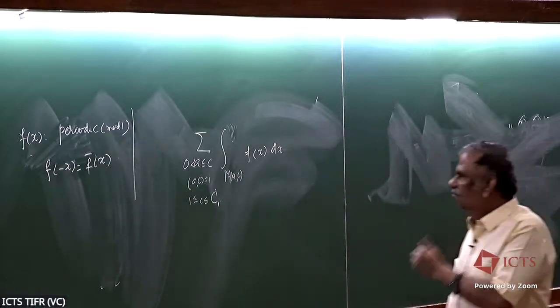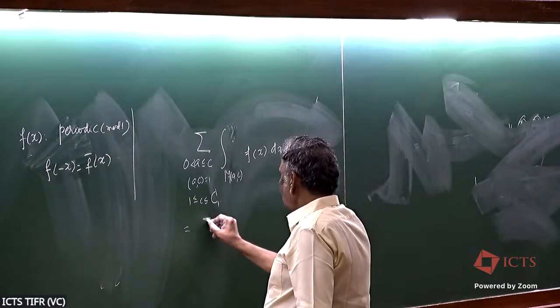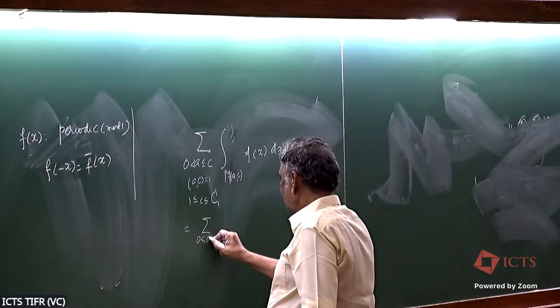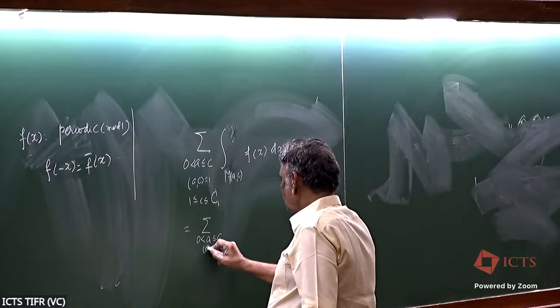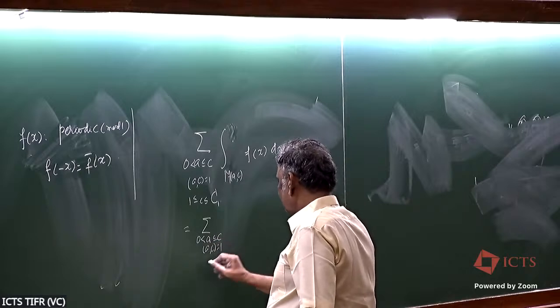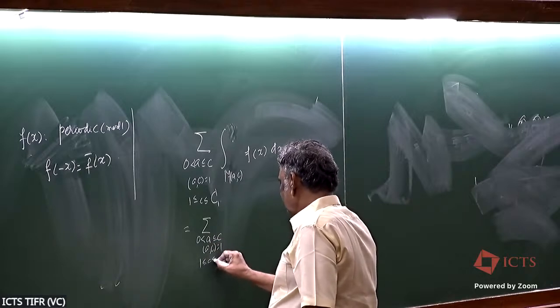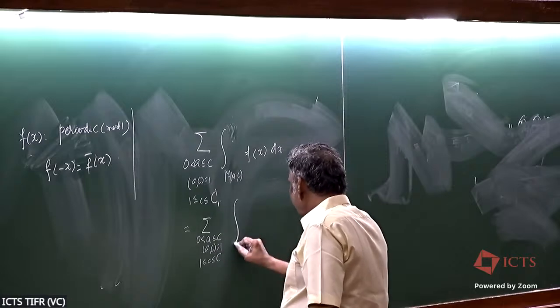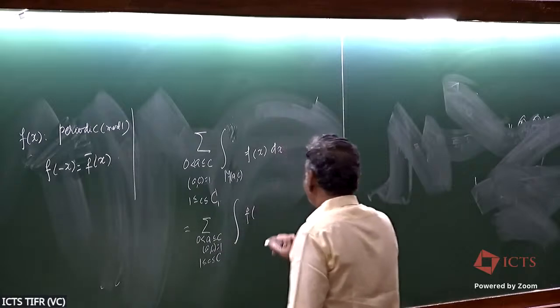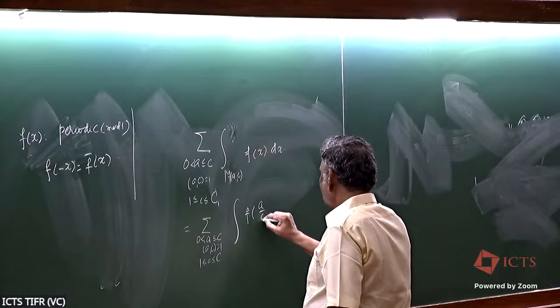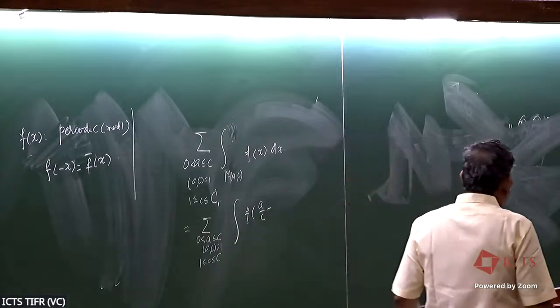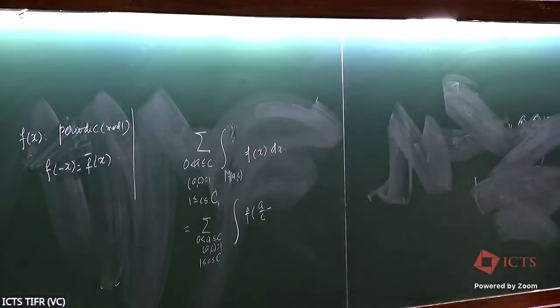Which now we can simplify. I will not be writing all the conditions again and again. 1 less than or equal to c less than or equal to capital C. Integral f of a over c minus, remember the integral is from this particular point to this particular point.